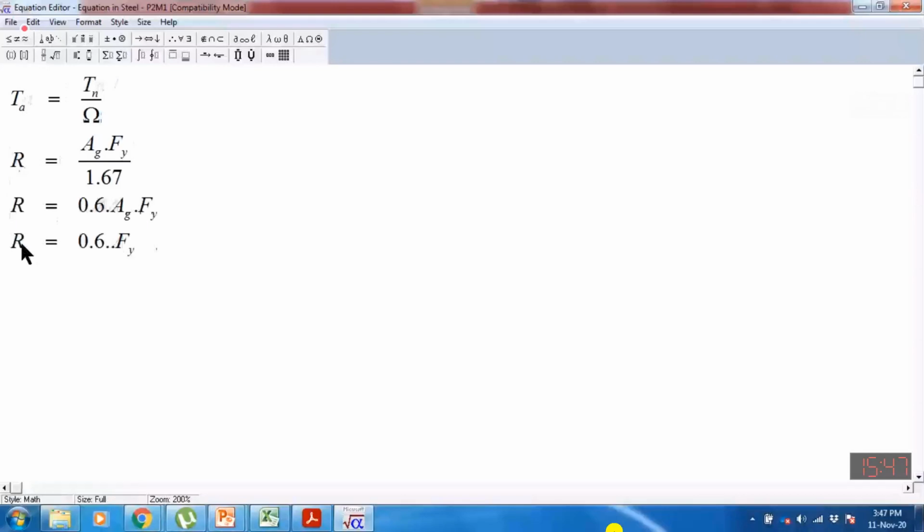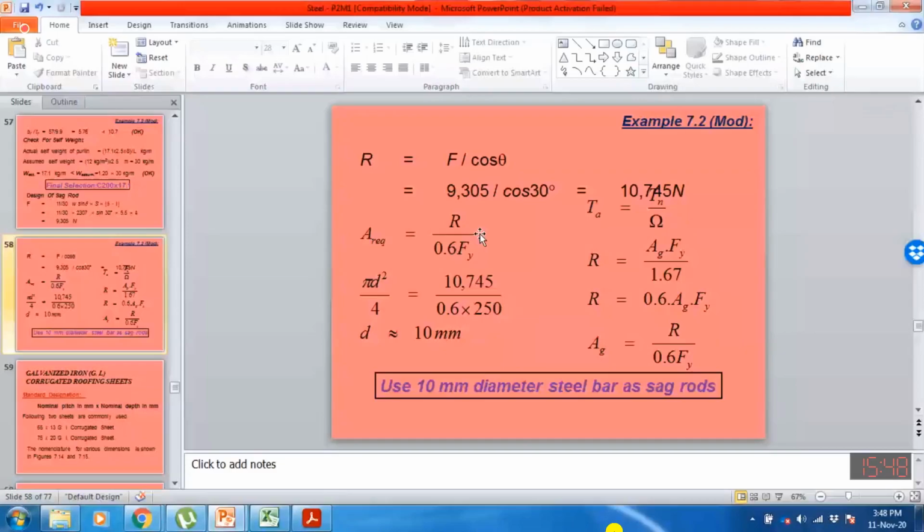Then that equation will be equal to R divided by 0.6 Fy. So that is the gross area required. So area is equal to pi d square by 4 because the sag rod will be used as a circular rod. So area required is equal to R, the tensile force in the sag rod, divided by 0.6 Fy.